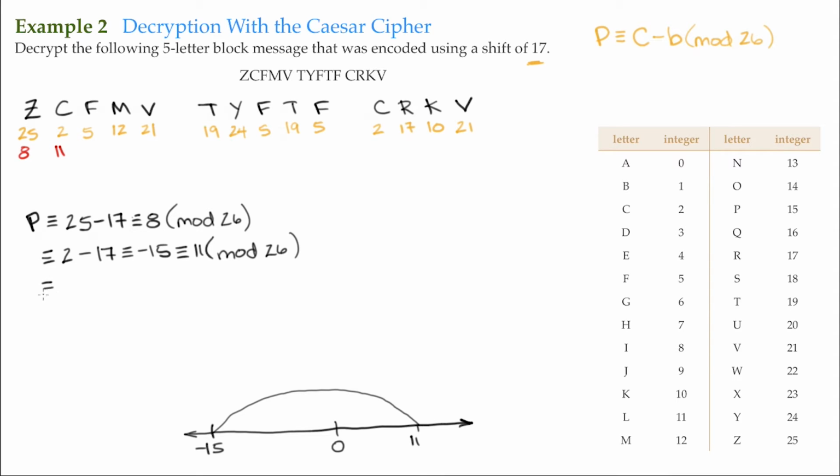Our next one, 5 minus 17. That's congruent to negative 12. 26 minus 12. That's 14. So this becomes 14 mod 26.